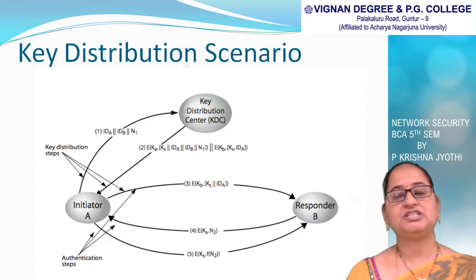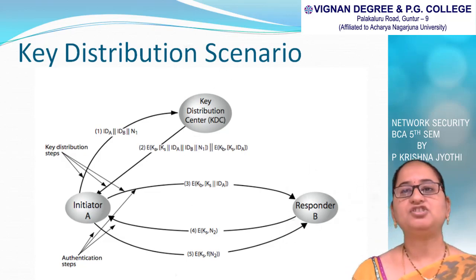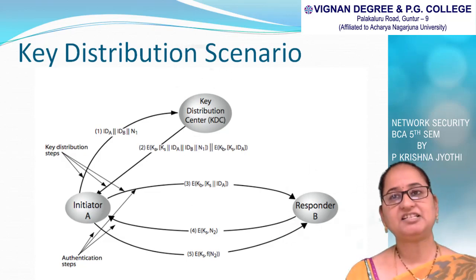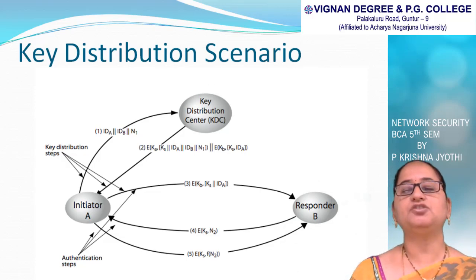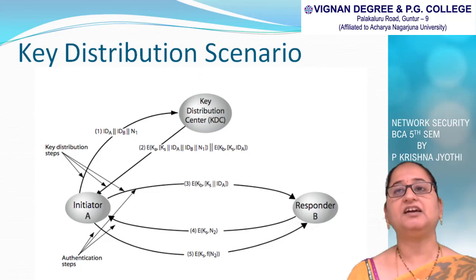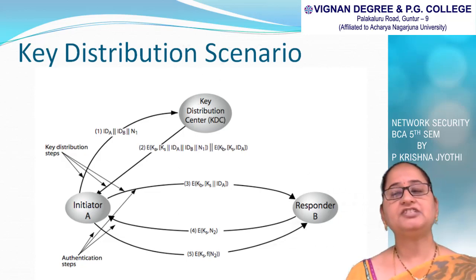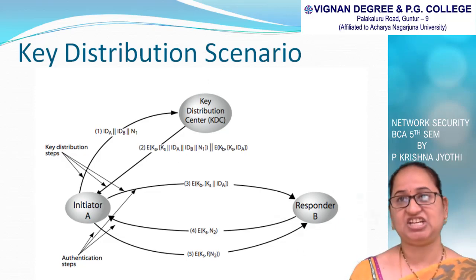So in the key distribution scenario, what we have to conclude is that A and B want to exchange messages. For that purpose, they approach the key distribution center. What is the purpose of the key distribution center? The key distribution center issues the session key.